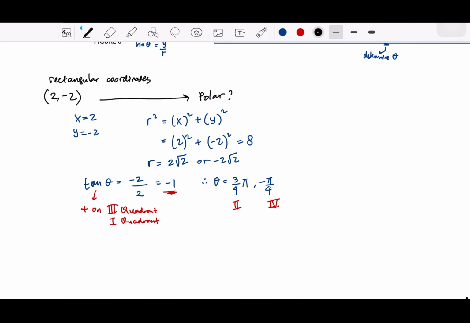So we could have the points in polar. First is 2 square root of 2, negative pi over 4, and the second one is negative 2 square root of 2, 3 pi over 4.